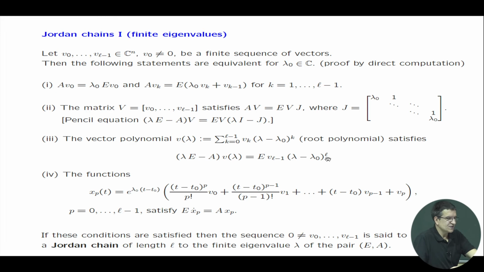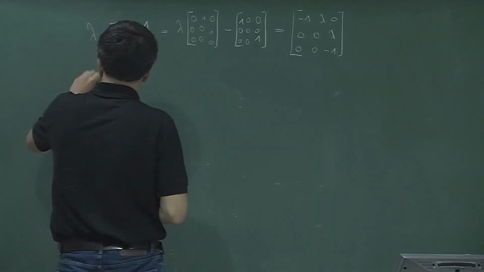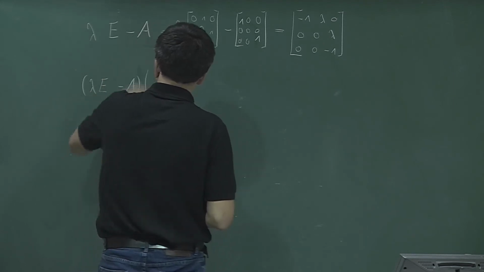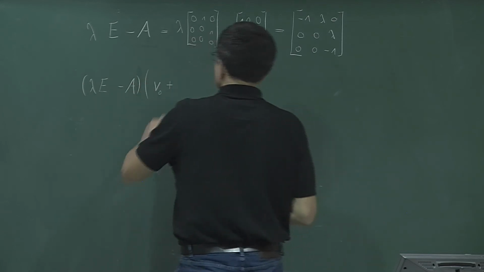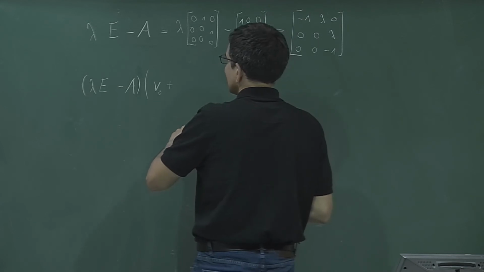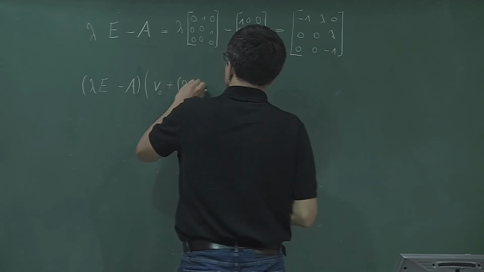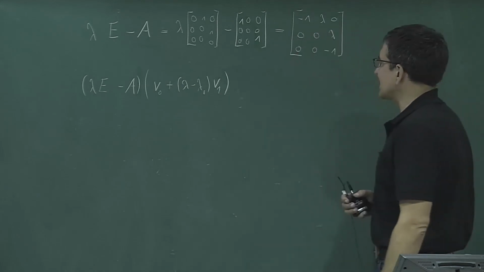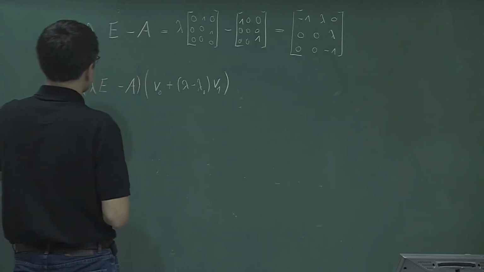Here I should write something on the blackboard. So if we have lambda E minus A, and if we multiply it with, let's take the simplest non-trivial case, lambda minus lambda 0 times v1, we take this and multiply everything out.